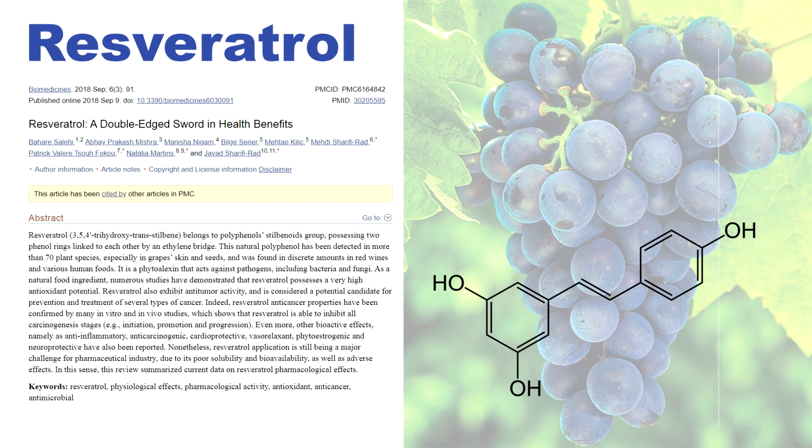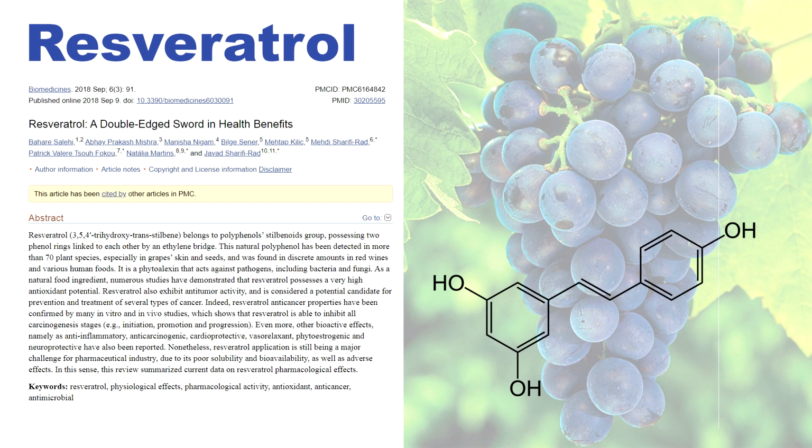Resveratrol also exhibits anti-tumor activity and is considered a potential candidate for prevention and treatment of several types of cancer. Indeed, resveratrol's anti-cancer properties have been confirmed by many in vitro and in vivo studies, which show that resveratrol is able to inhibit all carcinogenic stages: initiation, promotion, progression.